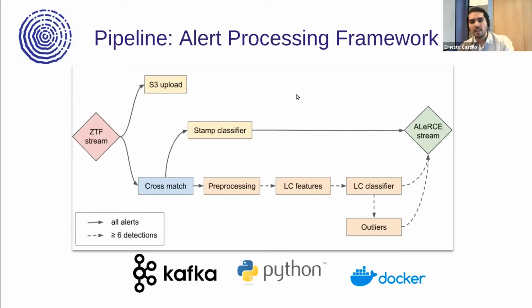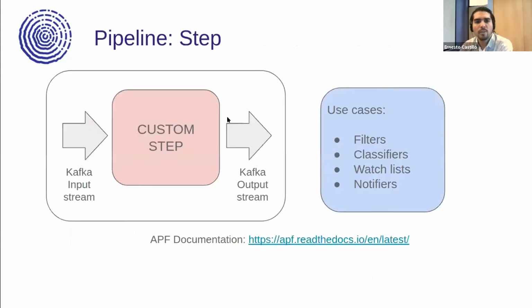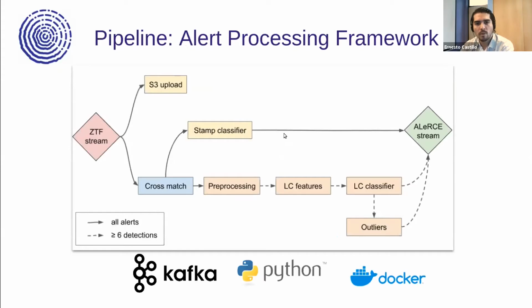This is a main advantage because you can run the different steps in different machines if you want, across the world. So, for example, if you want to implement a custom step, you will need access to one of these topics or queues.